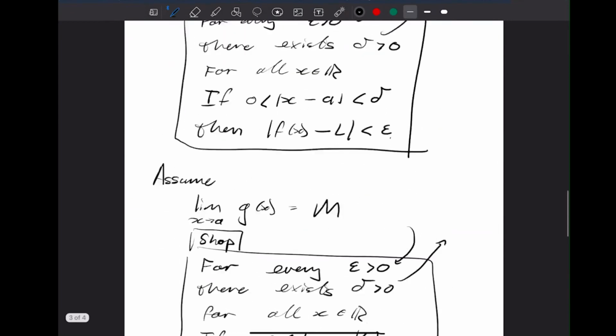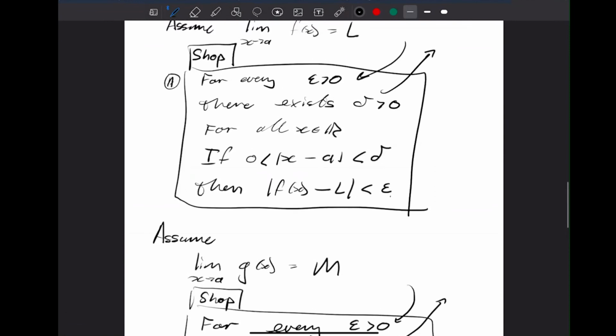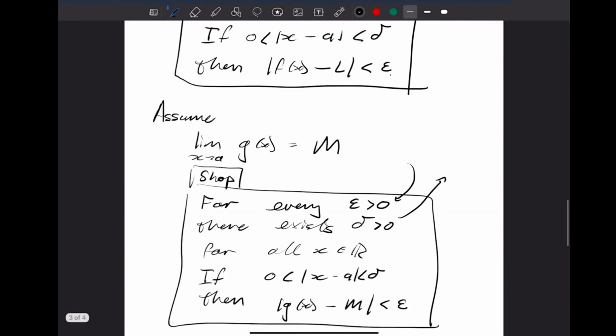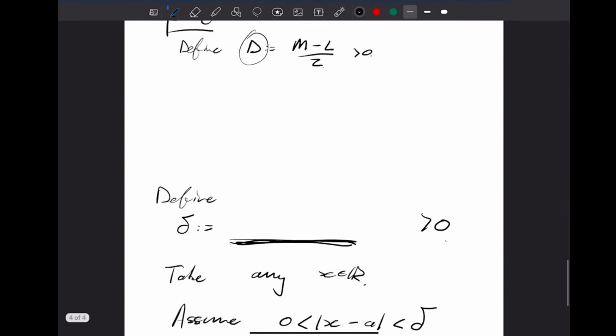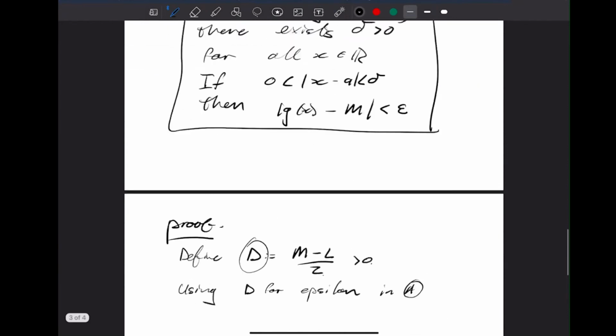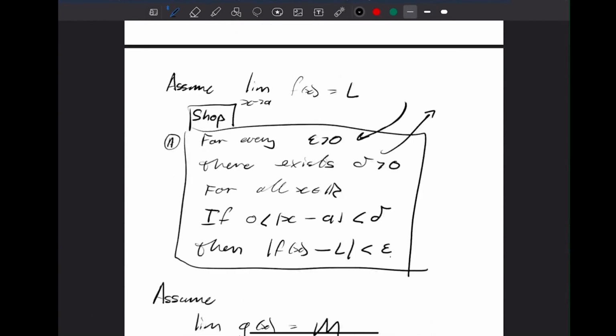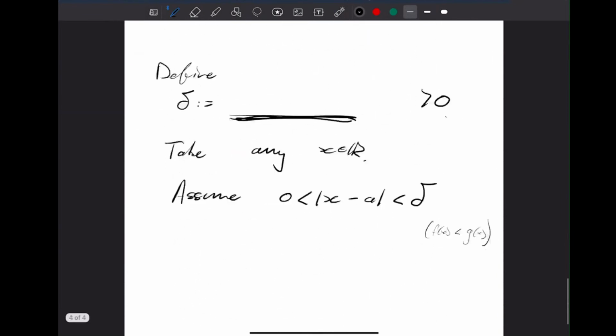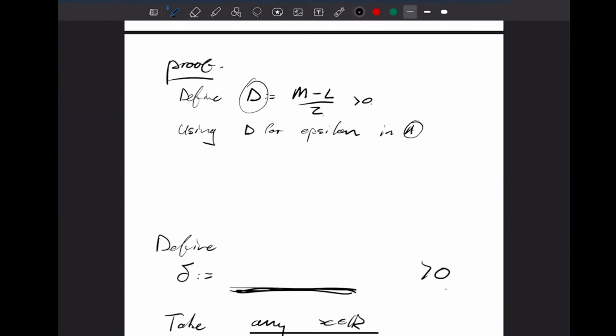So let us call this assumption A and that assumption B. So using d for epsilon in A, what happens? Well, we're taking this d, we're paying with d, and we're getting a delta out. So let's put a different sticker on this delta.